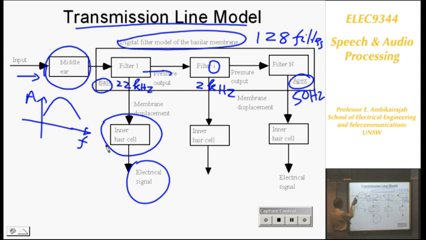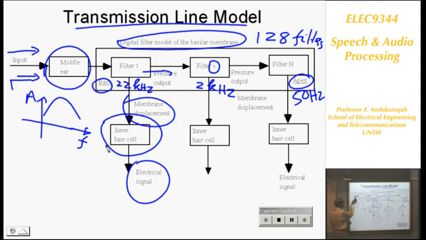So you can see this is pressure, isn't that right? In the ear canal, the sound wave enters as a pressure on the membrane inside, which is called the eardrum. So pressure is applied to the eardrum, and the pressure is converted through these filters, or the basilar membrane, into membrane displacement.